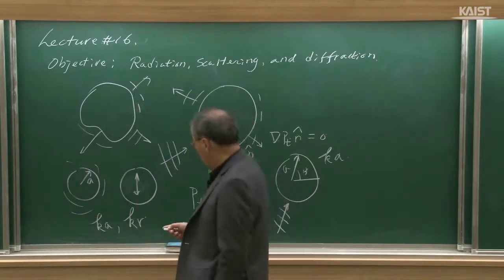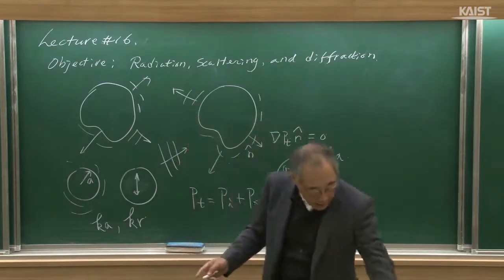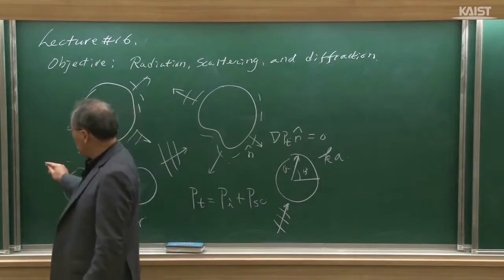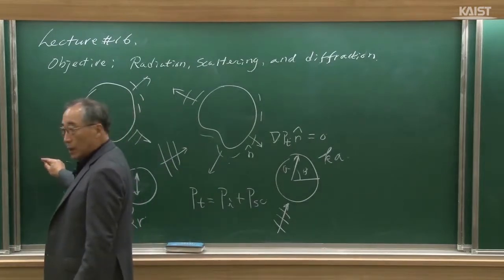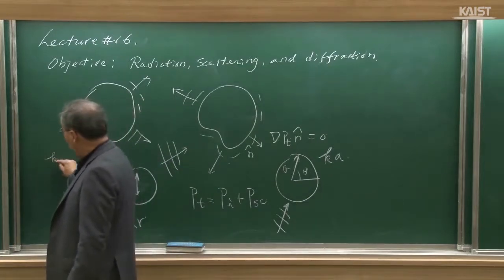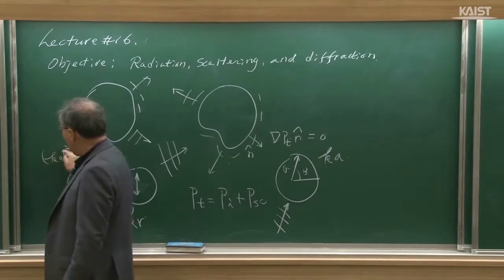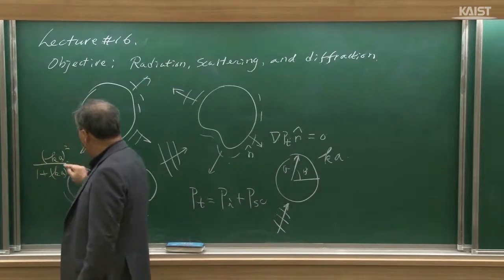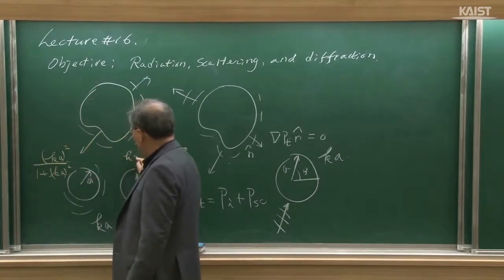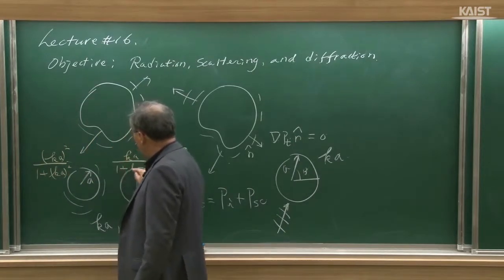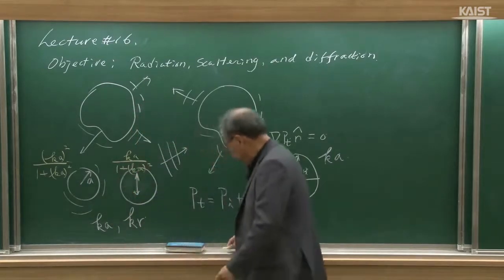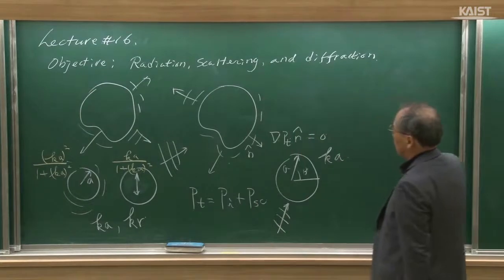And you remember that the real part of this radiation is proportional to (ka)^2 over 1 plus (ka)^2, and the imaginary part is simply ka over 1 plus (ka)^2, things like that.